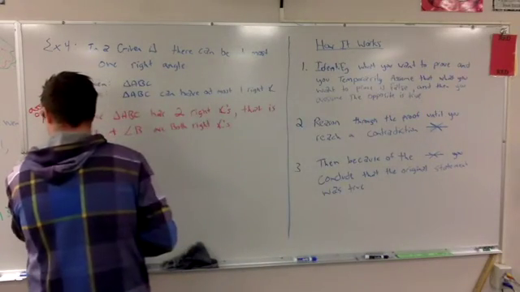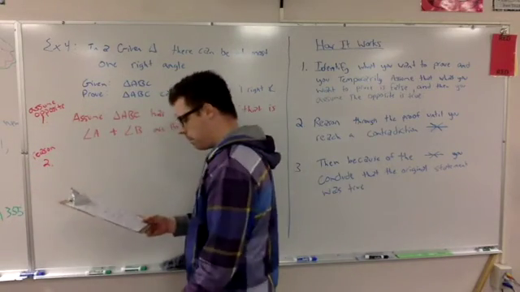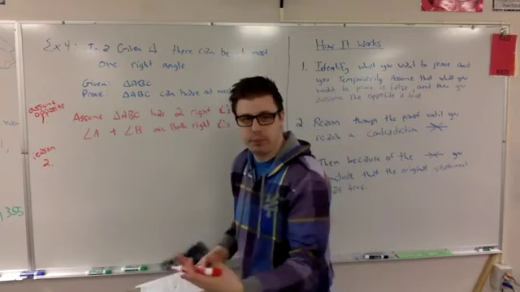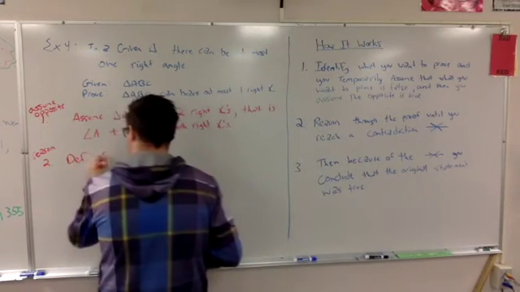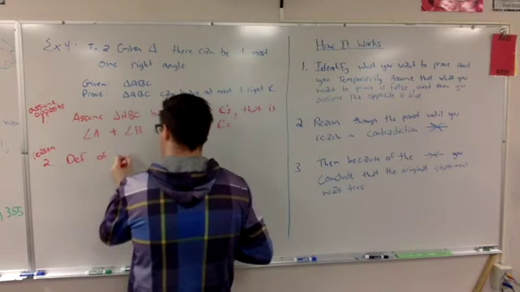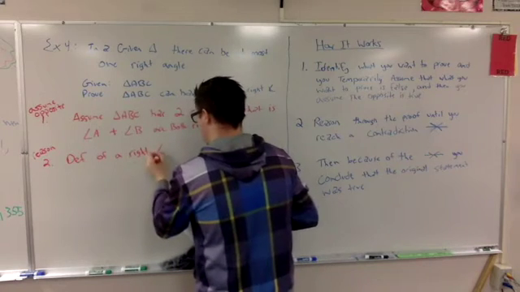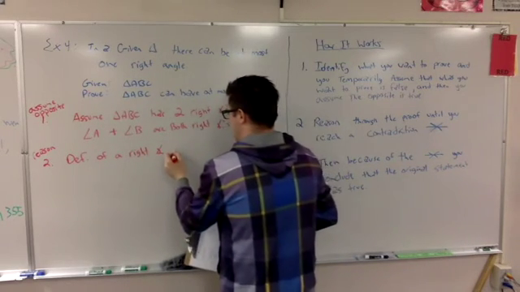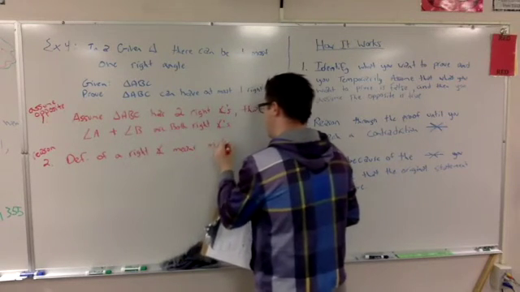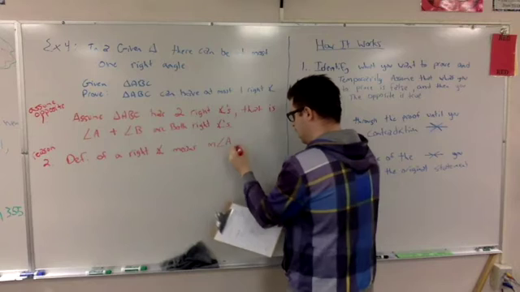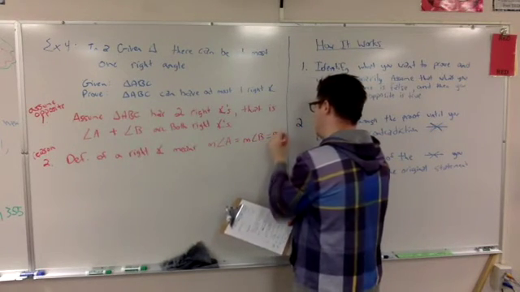So 2, we're going to reason. All right, well, what does it mean to be a right angle? Well, the definition of a right angle means the measure of angle A is equal to the measure of angle B, which is equal to 90 degrees.